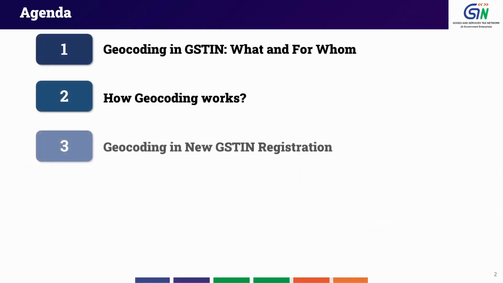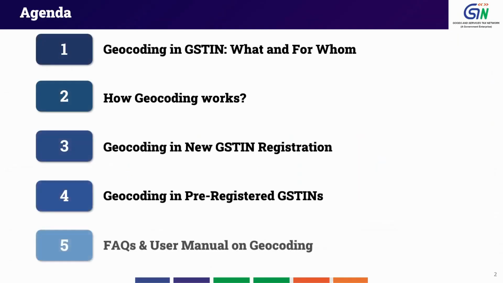And the purpose of this webinar is to inform you, apprise you about the geocoding functionality which GSTIN has released in the past year. The idea is to explain how this geocoding functionality works and how you can use it to geocode your address if you have not done your geocoding of your address of principal and additional place.